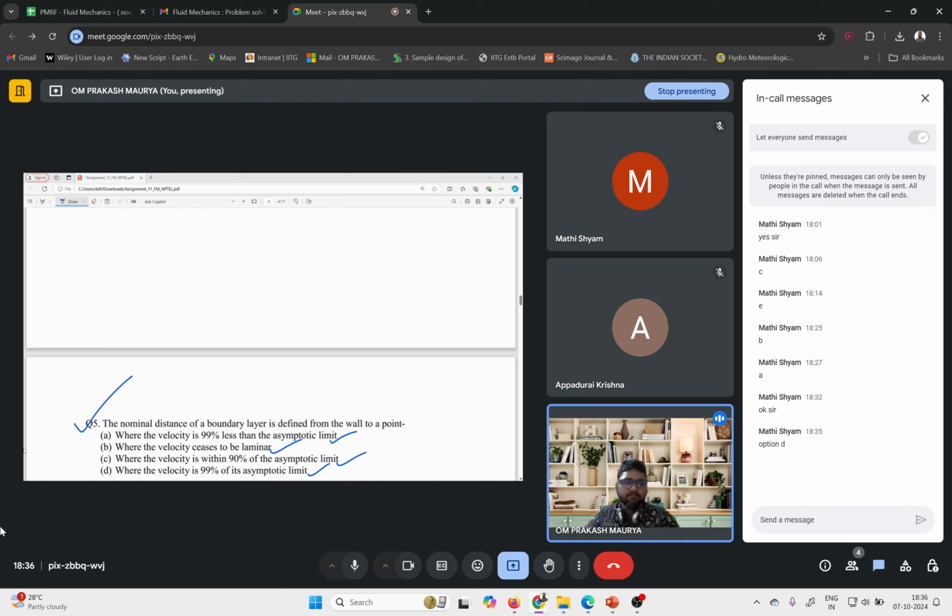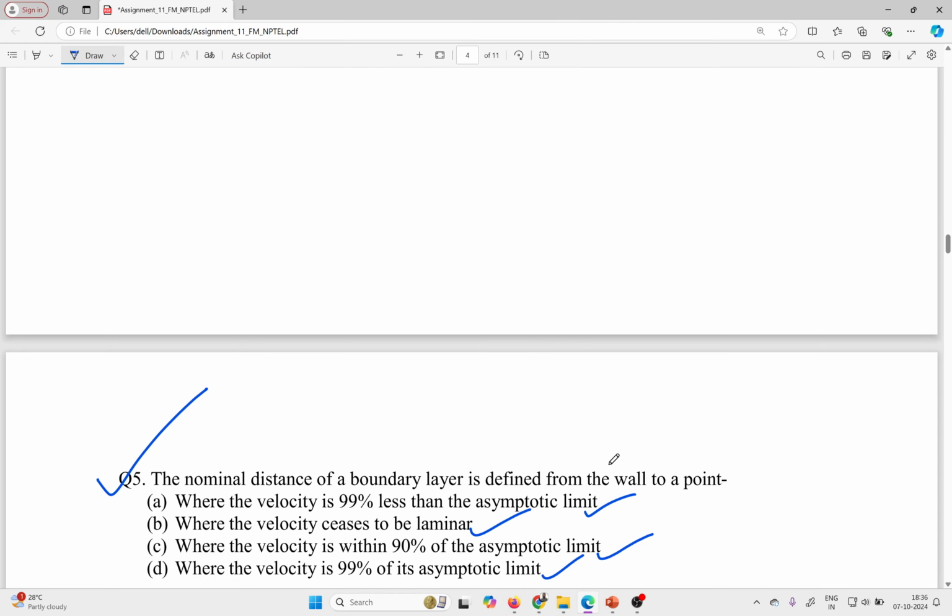Okay, let me discuss. Here we are talking about the 99% concept. Yes, you are correct. If we take one plate, same explanation I will give here. This is your boundary layer.